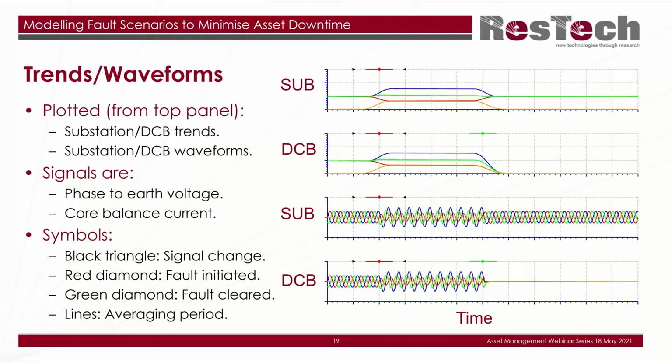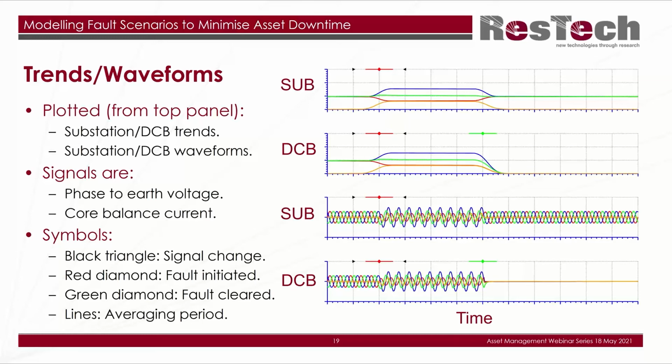In other words, when the high impedance earth fault is connected to the A phase. And the green diamond is showing the point at which the fault is cleared by a protection device. In other words, sensing that there's a fault, in this case an earth fault, and operating a switching device, in this case a contactor in the DCB.